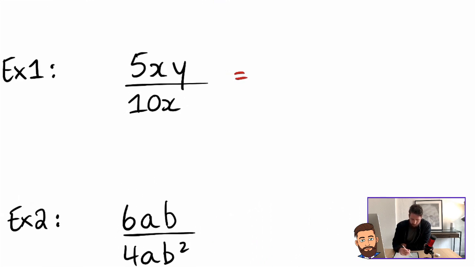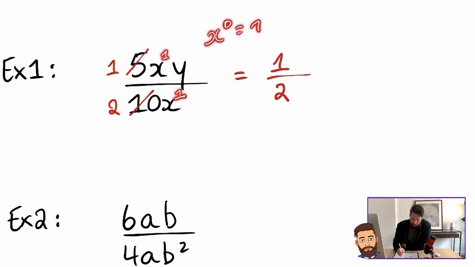So what we can do is essentially use our laws of indices. Well, we know that we could cancel 5 and 10 would go to a half. And then technically this is x to the power 1 divided by x to the power 1. Well, that would be 1 take away 1 is 0, and x to the power 0 is simply 1. However, at this point, you should be advanced enough to think, right, x's, they cancel, so I can cancel those x's off.